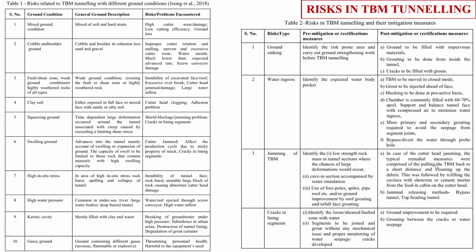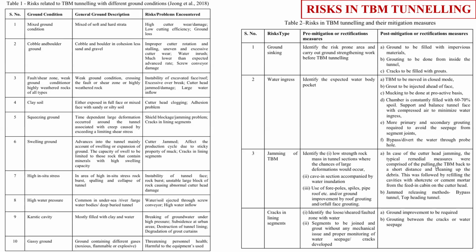Another problem we get in TBM tunneling is the cracking of the segments. This is a very interesting and very common problem in all the projects. In my experience, in two projects, Ahmedabad Metro and Lucknow Metro, we have seen that segments got cracked. In Lucknow Metro, around 400 segments got cracked. The cracking pattern is very different.